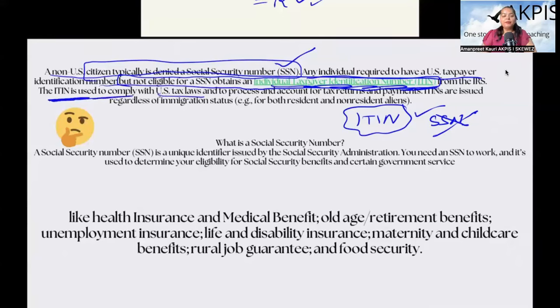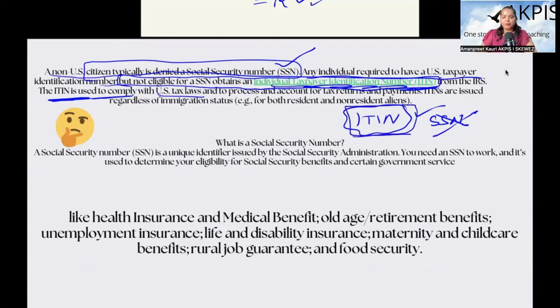Because when you are filing your income tax return, it should have a unique tax ID. For example, in India we have our PAN card number, right? Likewise, in the United States, if you're not having an SSN because you're not a US citizen, you need to obtain an individual taxpayer identification number.